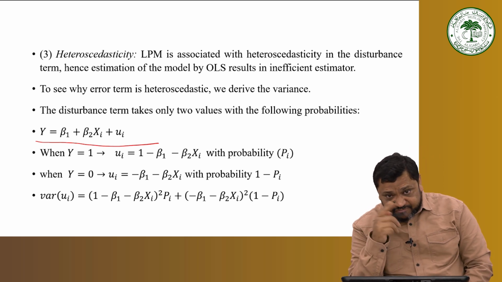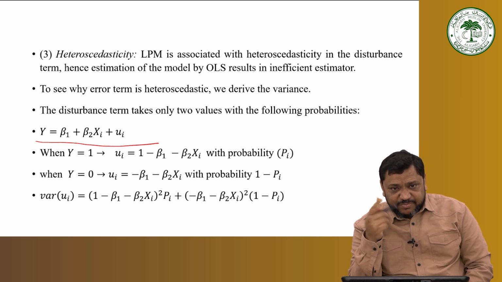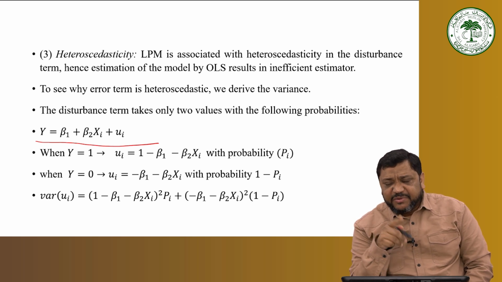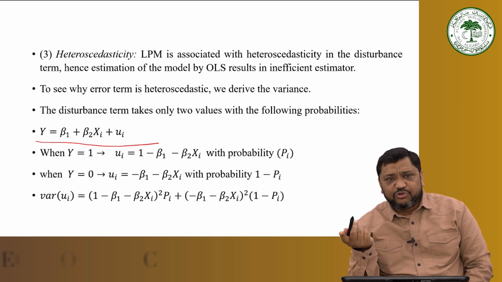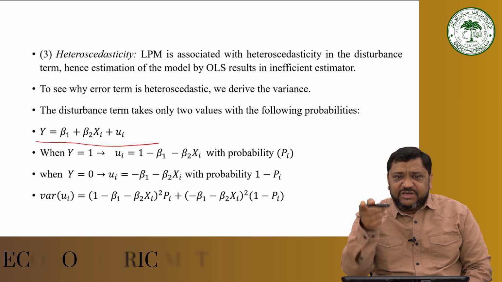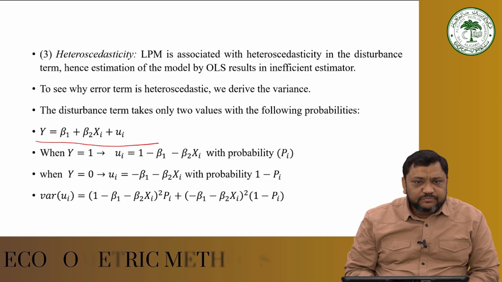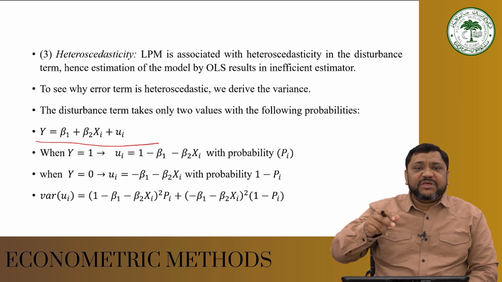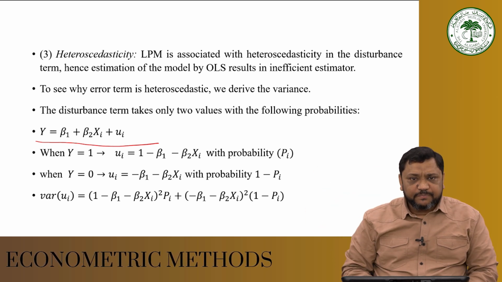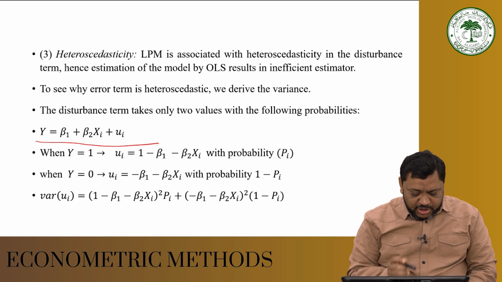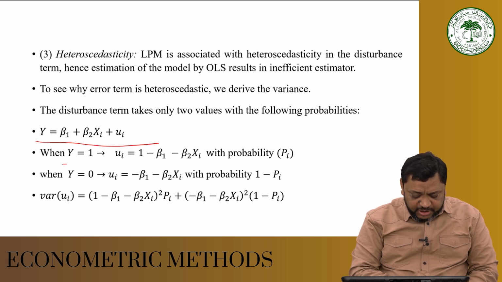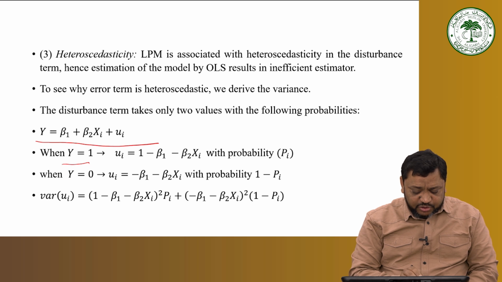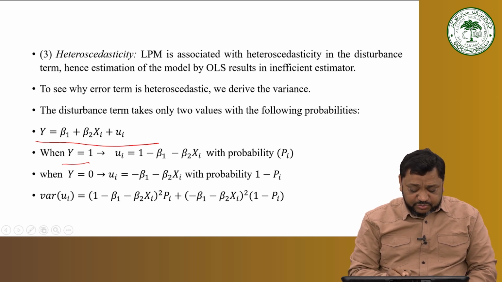Because again we refer back to the discussion on Bernoulli's distribution. In Bernoulli's distribution, the expected value of X, the mean, is equal to P, and the variance of X is equal to P(1 minus P). And we will prove that P(1 minus P) is changing. So in the first case, if y is equal to 1, then we can write this equation in terms of ui.